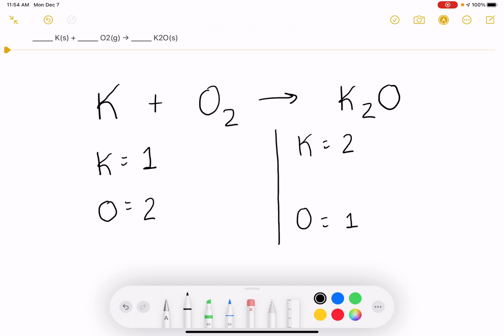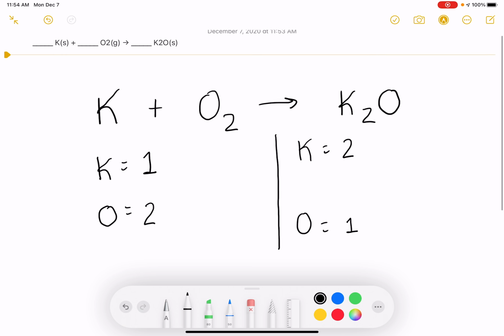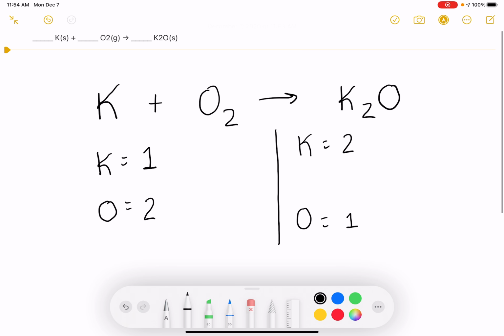Sometimes this is a little bit of trial and error, and you'll see when we start with K. All right, so we start with potassium. We have 1 on this side and 2 on this side, so we're gonna need to put a 2 here to make it 2. Okay. So now the Ks are balanced.